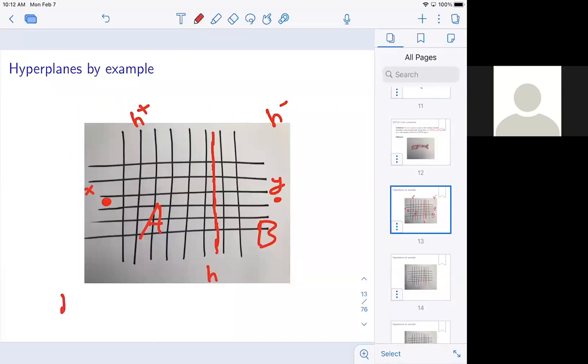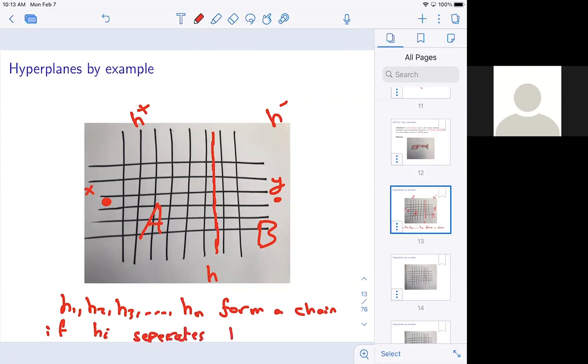So to say that H1, H2, H3 up to Hn form a chain means that Hi separates Hi minus 1 from Hi plus 1. So in this picture, what's a chain of hyperplanes?